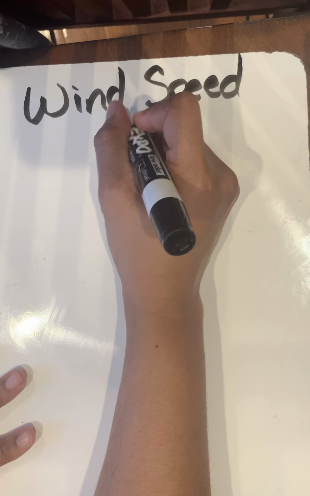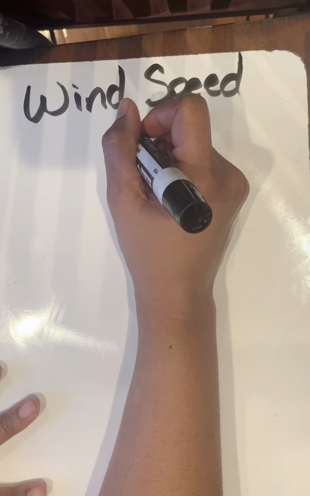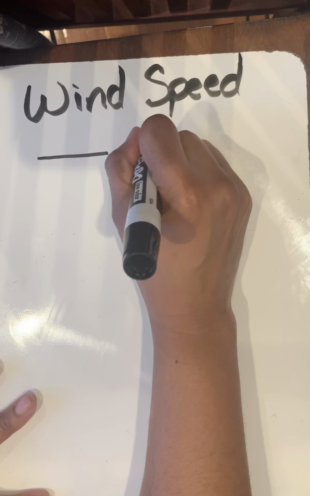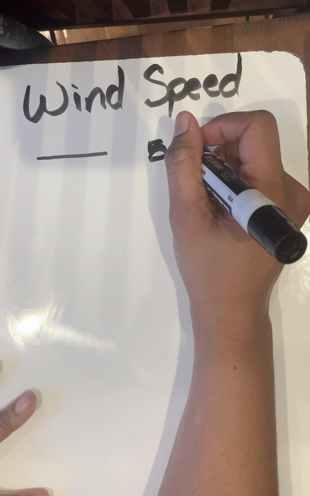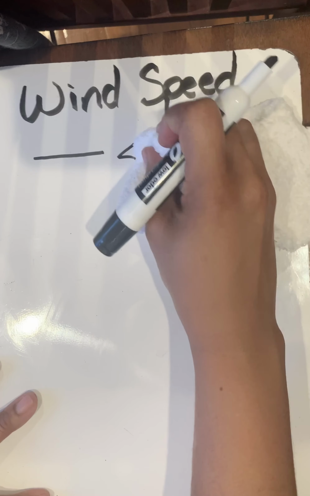Anemometer, right? Okay, so the pattern, you'll start to see it develop after I do a couple of these. So this is actually wind speed. No, I'm not going to confuse you. This right here, we measure wind speed in knots. So this would equal less than 5 knots. Can you see that? Less than 5 knots.